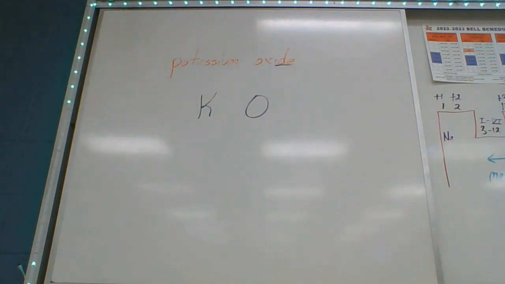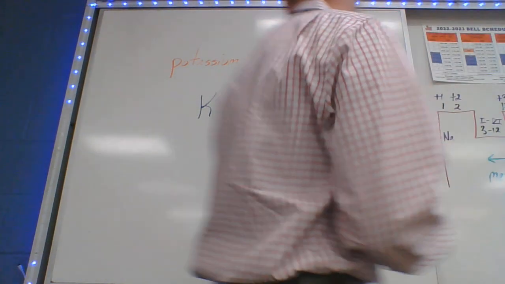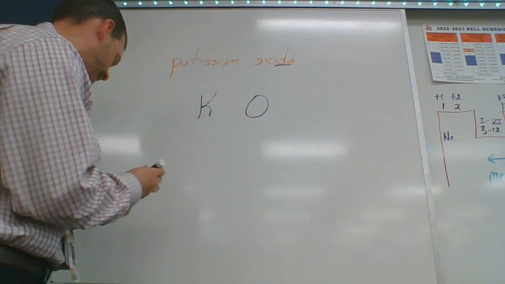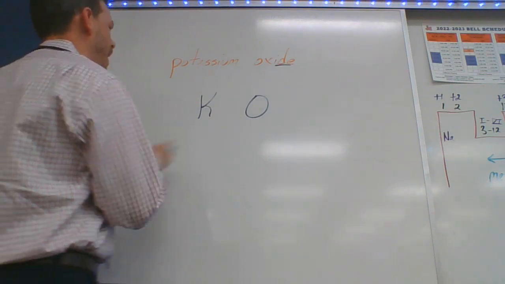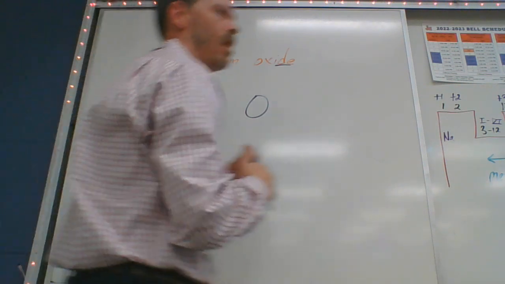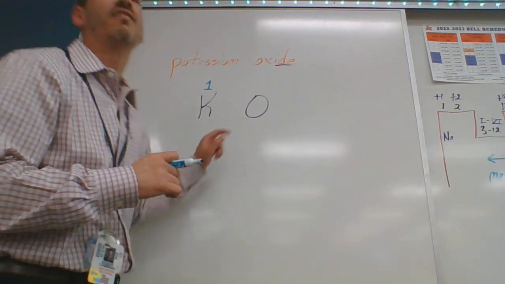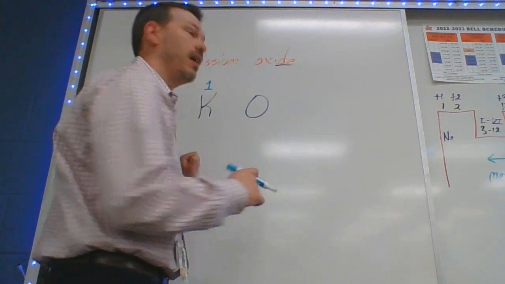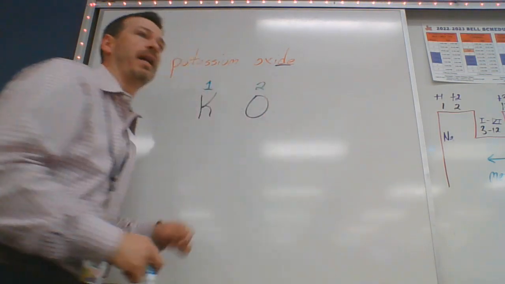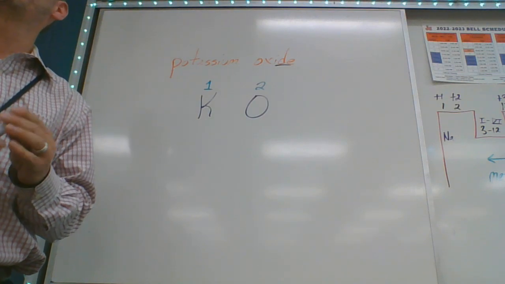Let's go over to cluster 6, seat 4, Aspen. What is the oxidation state of potassium? All right, +1. Let's go over to cluster 3, seat 1. Hey, 3, 1. What is the oxidation state of oxygen? -2. Everybody all right? What are we going to do with them numbers?